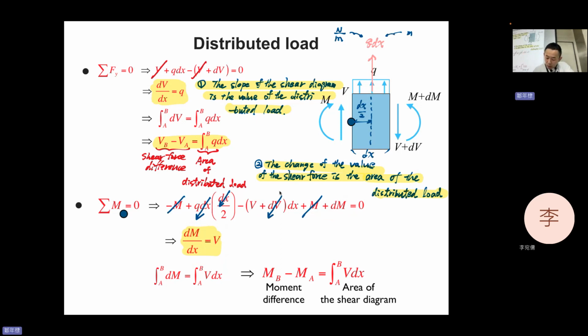So the third one is the slope of the moment diagram is the value of the shear force.